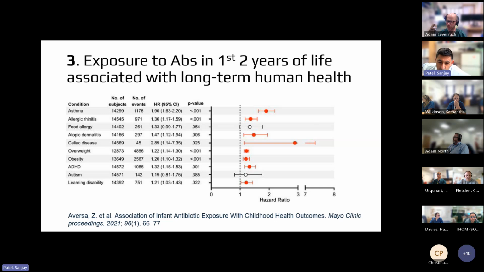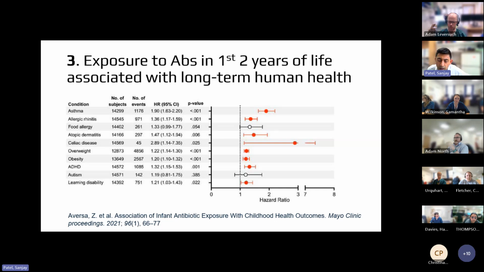And I'm not going to talk through this in a lot of detail because it's just association data. It doesn't tell us that it's definitely causation, although that mouse data is clearly causation data, but it's not human. But we see, and this is a big population from a town in America done a few years ago, followed up for a number of years, that children who are exposed to antibiotics in the first 2 years of life are far more likely to end up with long-term conditions related to obesity, related to atopy, allergies, asthma, celiac disease, and all sorts.